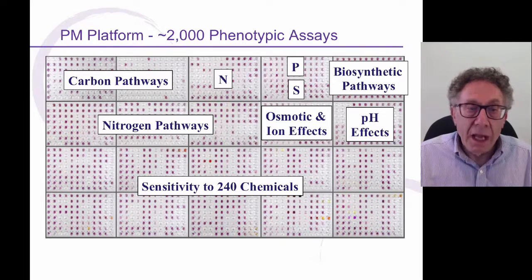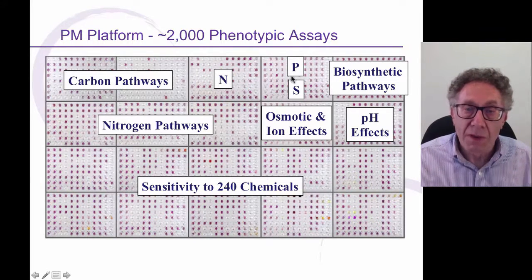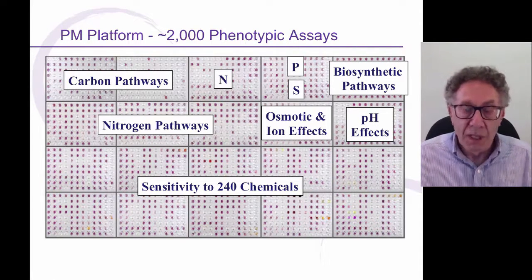For over a decade now, we've had a set of almost 2,000 assays, phenotypic assays, that can measure carbon metabolism pathways of cells, nitrogen metabolism pathways, phosphorus and sulfur pathways, biosynthetic pathway activities, effects of osmolarity and specific ions, pH effects, and then also sensitivity of the cells to 240 selected inhibitory chemicals that block different cellular pathways.